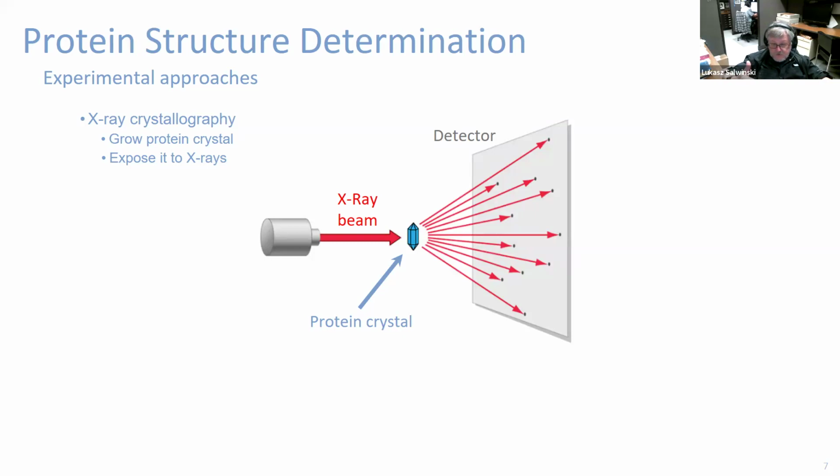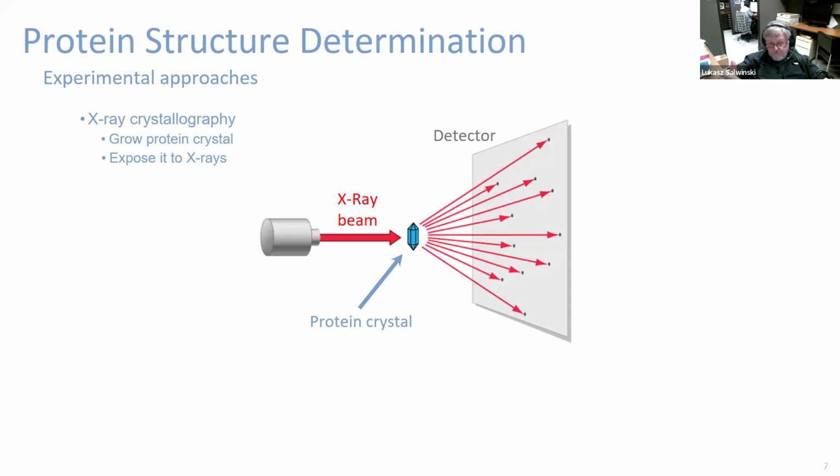In our case, we're using X-ray beams, which are electromagnetic waves with a very short wavelength, much shorter than visible light, but matching the typical distances between individual atoms within the crystal. And if that's the case, then the regular arrangement of atoms acts as a diffraction grating and results in a diffraction image, the spots that you observe on a detector.